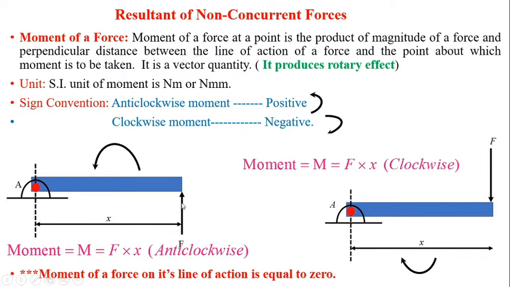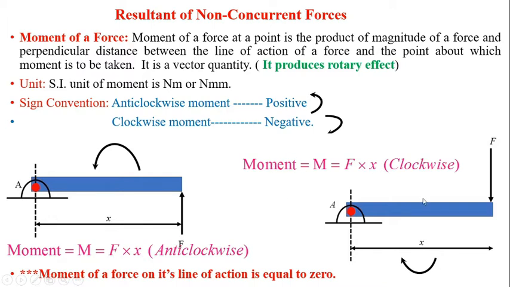So, the moment can be expressed as F into x. Now, this moment is in anti-clockwise direction. How to decide it? If you apply force F on the rod, the rod will rotate about point A in the anti-clockwise direction, and that is why the moment is anti-clockwise, and hence this is a positive moment.